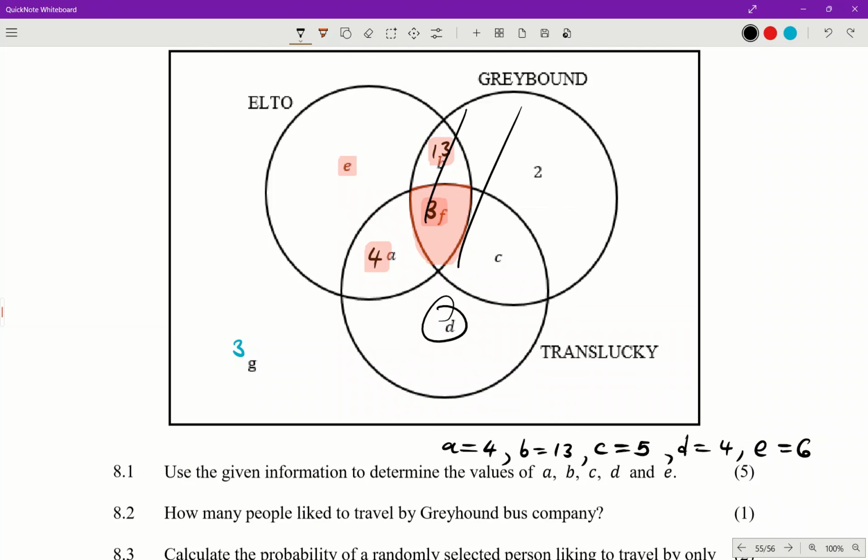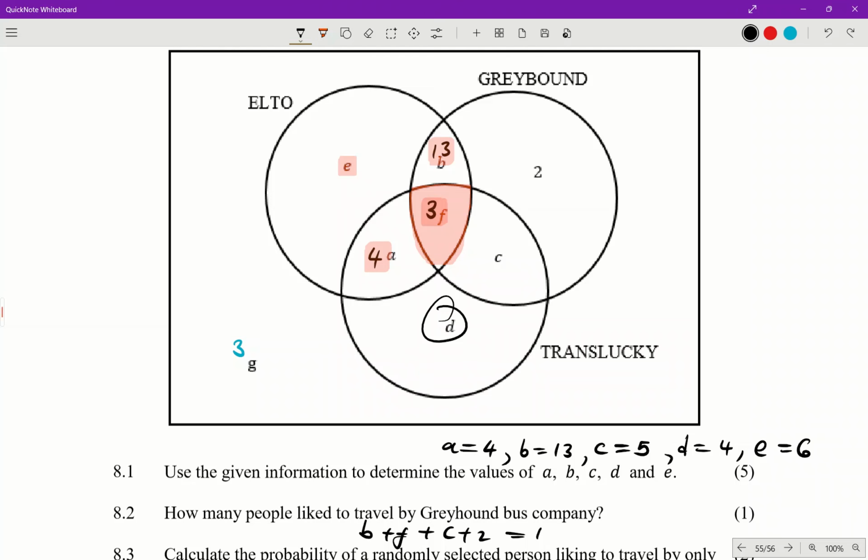So you just sum everything in Greyhound. So that's going to be 18 plus B plus F plus C plus 2. Your B is 13, guys. Where did I get that from?